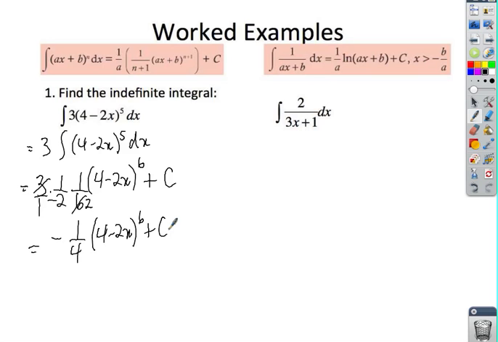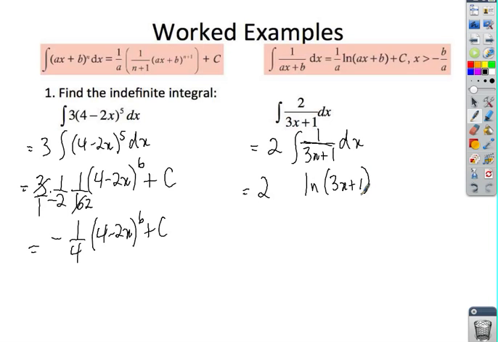In the next example, again I might take out the constant 2 and leave this as the integral of 1 over 3x plus 1 dx. And again, the constant multiple will stay. The rule for 1 over a linear expression is ln. So I know that'll be ln of that linear argument, 3x plus 1, and that part stays together.